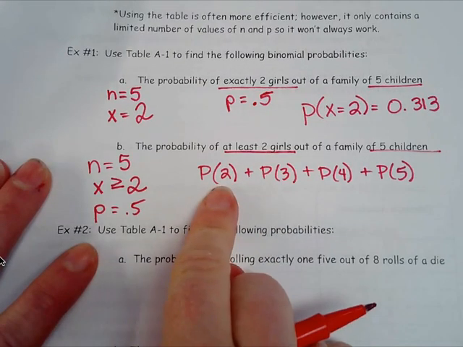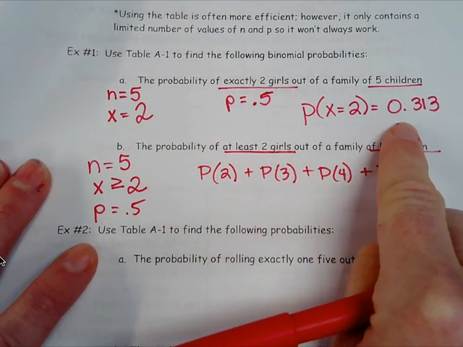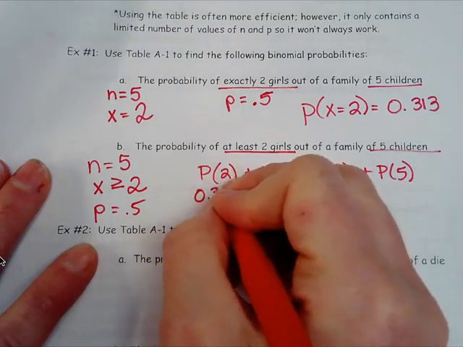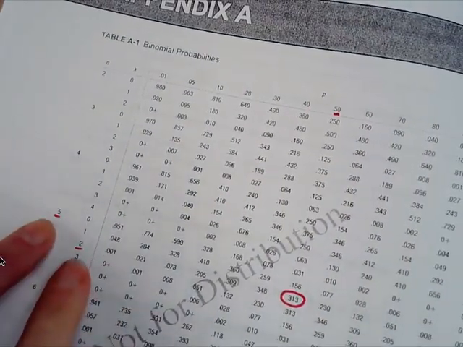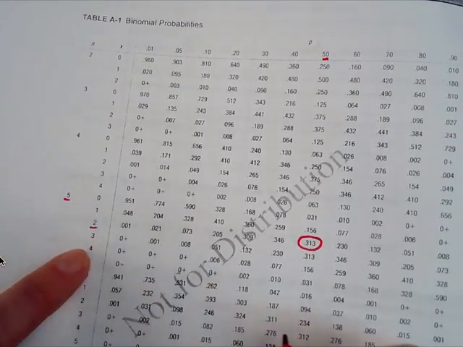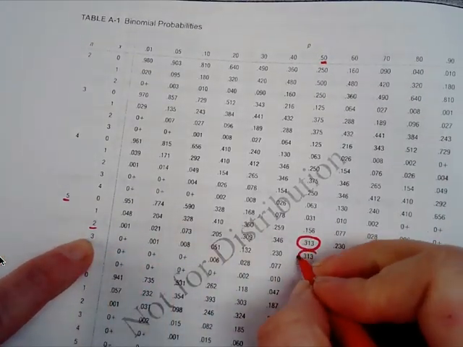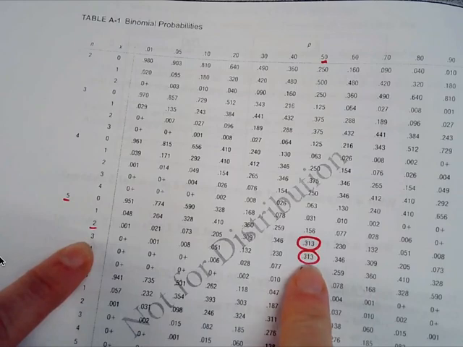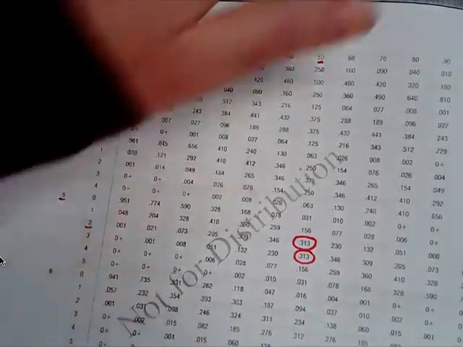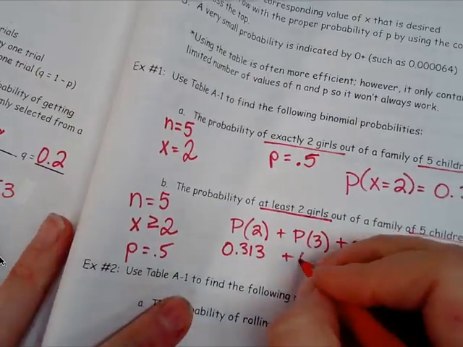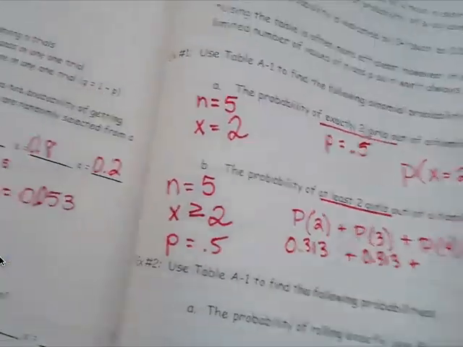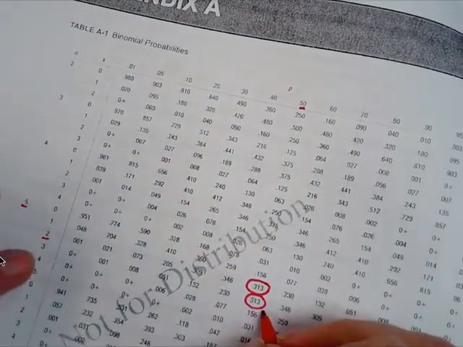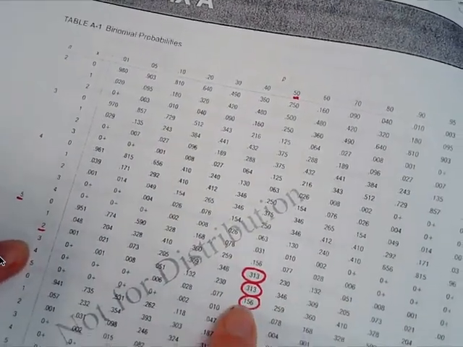So we already have the probability that it's 2. We already found that one. So we're going to use the table again to find the probability of 3. So the only thing that's changing is the x value that we're looking at. This one's also 0.313. Then probability that it's 4, 0.156.